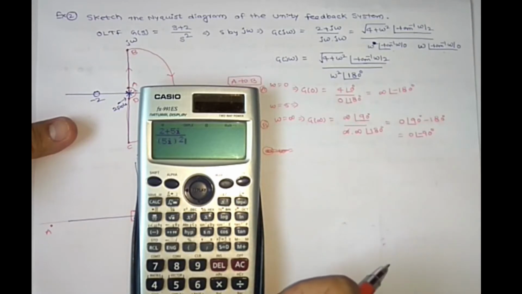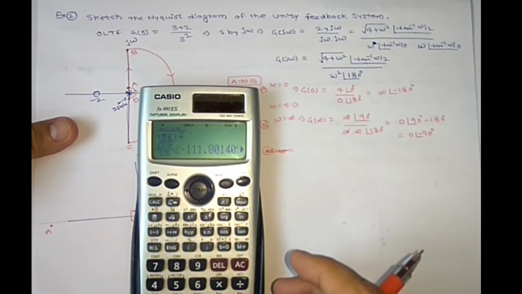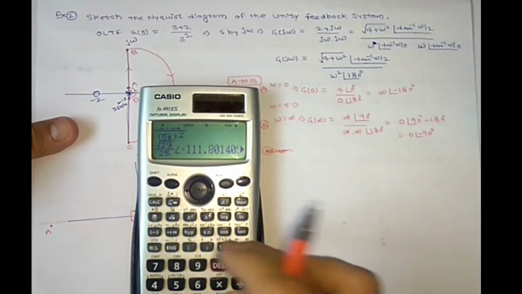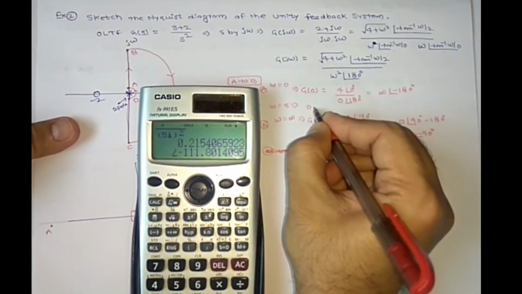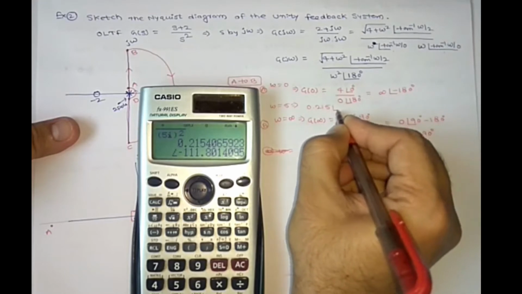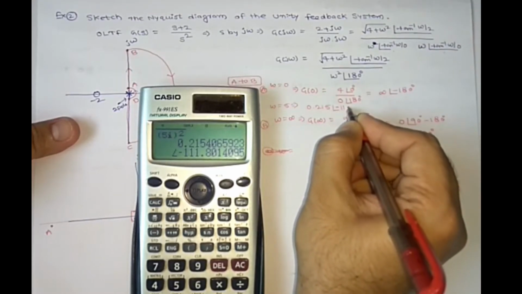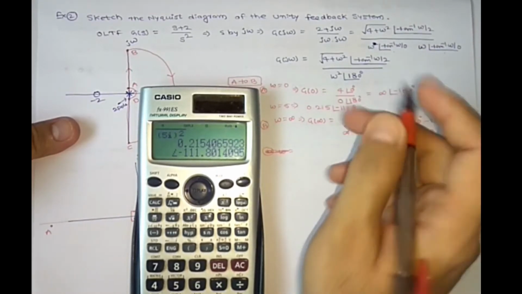Can I write like this? So I am getting 0.215 with an angle of minus 111.8 degrees.